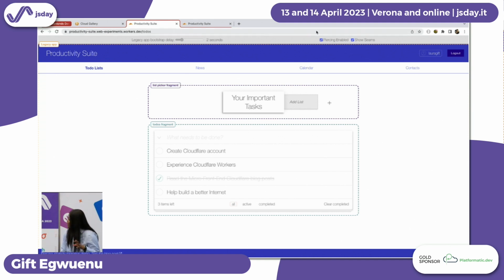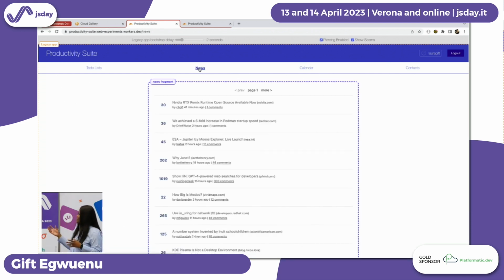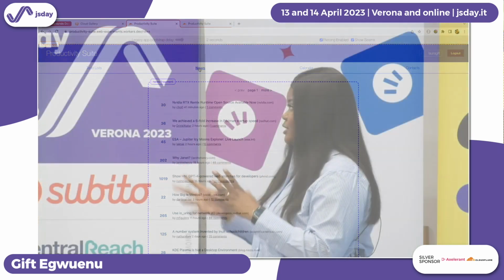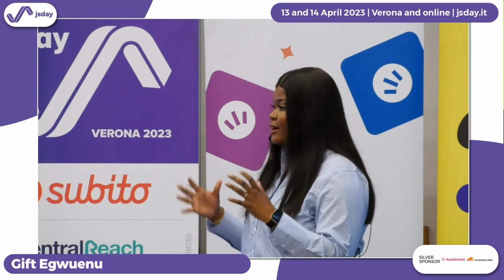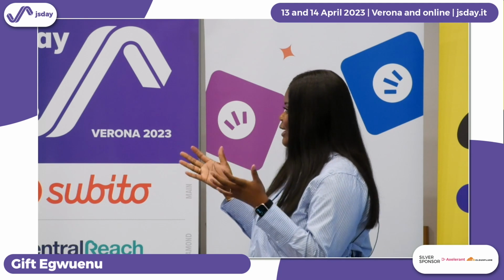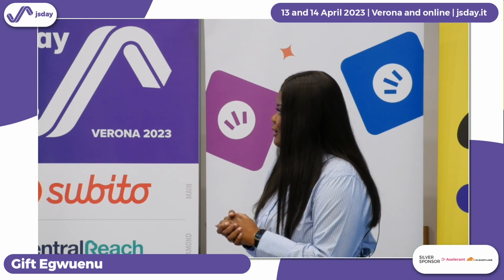And if I go to the next tab here, which is news, you also have a similar thing happening here where there is a different fragment, essentially, that is built using Solid.js. So all of this together, pieced together on top of a legacy application, is working so well, right?